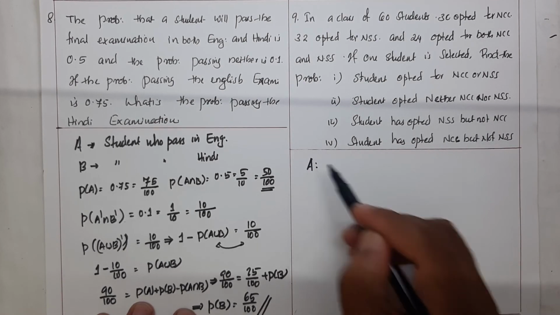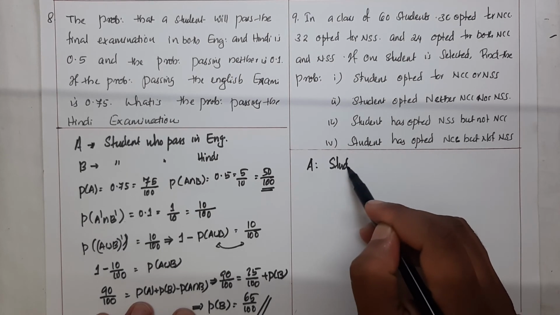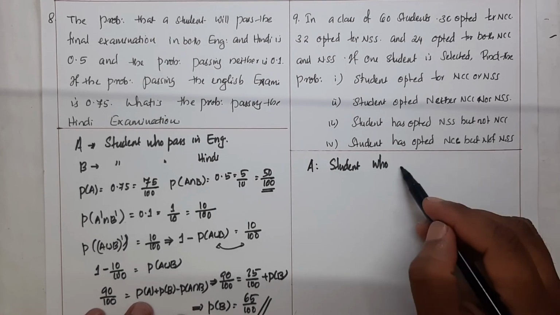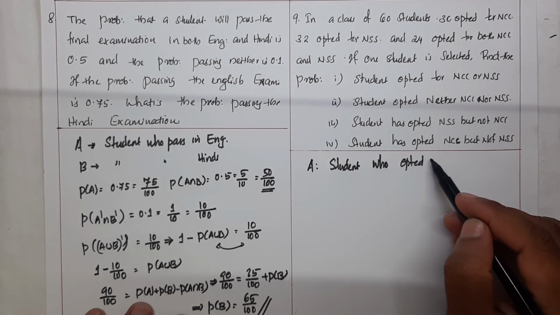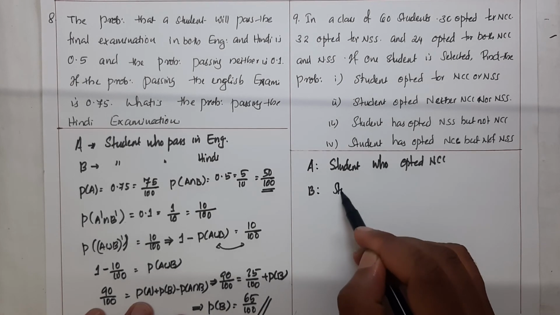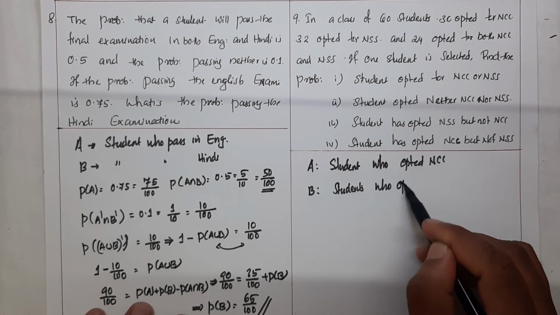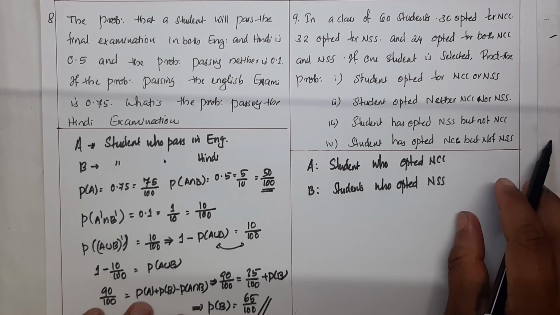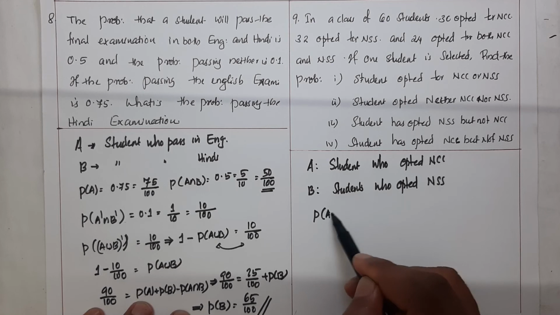Here, first of all, A denotes the event that a student opted NCC. B denotes the event that a student opted NSS. Now, what is P of A?